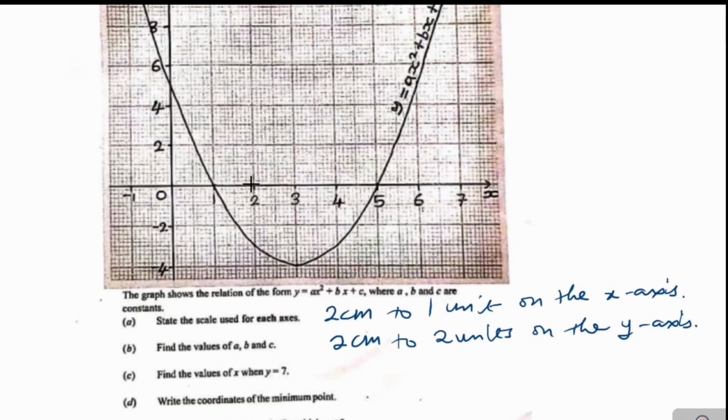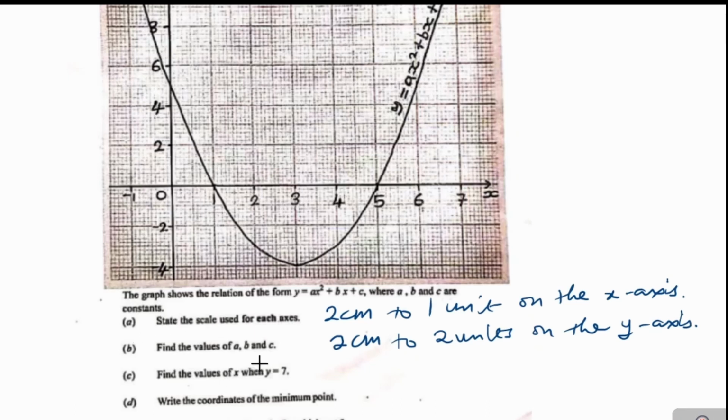And that answers the first part of our question, which is that we should state the scale. So the scale for this graph is 2 centimeters to 1 unit on the x-axis because the interval is 1, and 2 centimeters to 2 units on the y-axis because the interval is 2. Let's get to the second part of the question.